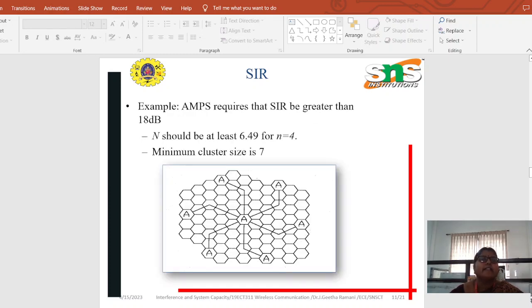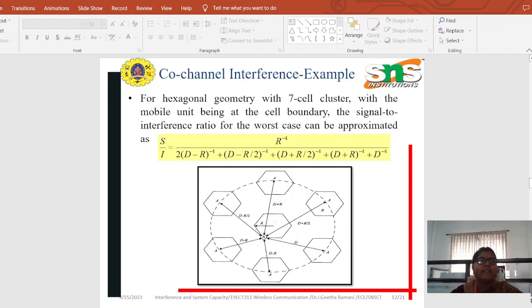This is an example taken from AMPS, the first generation cellular mobiles, which requires the SIR to be greater than 18 dB. In this case, capital N should be at least 6.49 for small n equal to 4, and the maximum cluster size is 7 for this case.